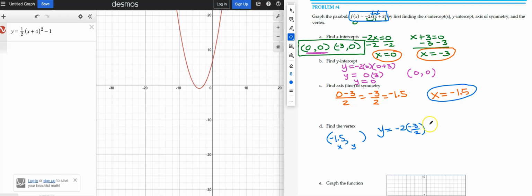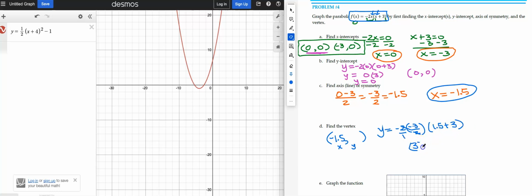And then times, and then we'll just have, I don't know which way you're going to want to do this, but I'll just use the 1.5 on this because it might be a little bit easier there. But the reason why I did this is I could see, oh, those are going to divide out. A negative times a negative is positive, so that's going to give me a positive 3 on that part.